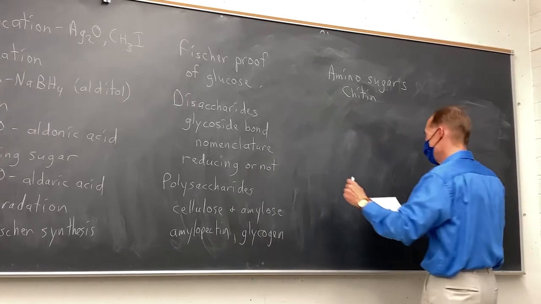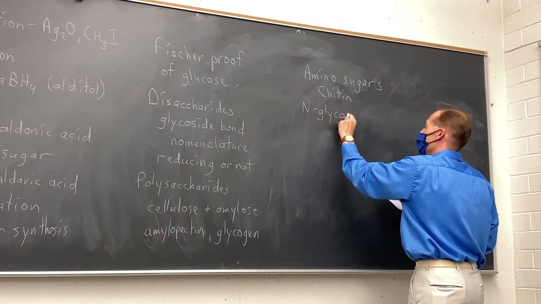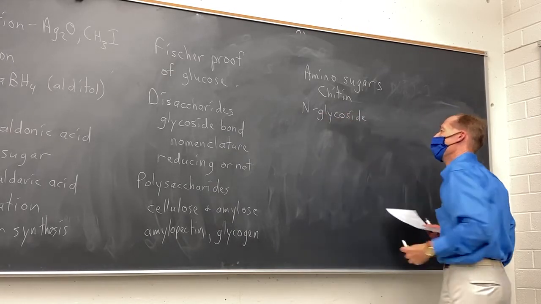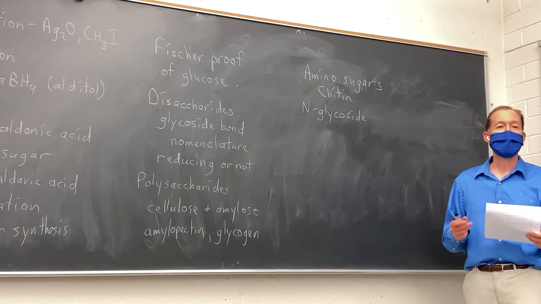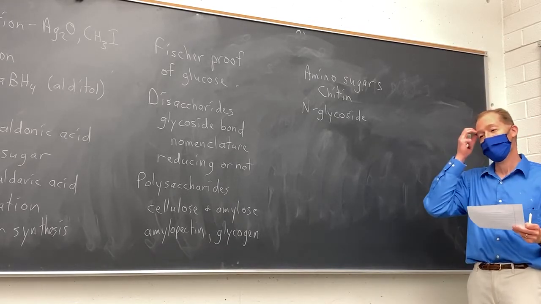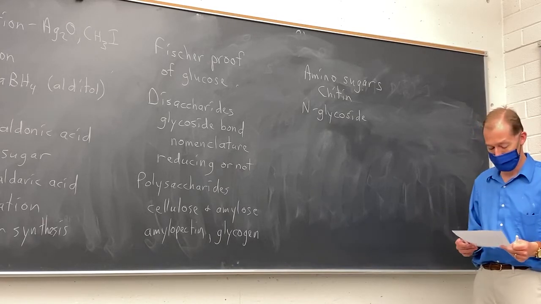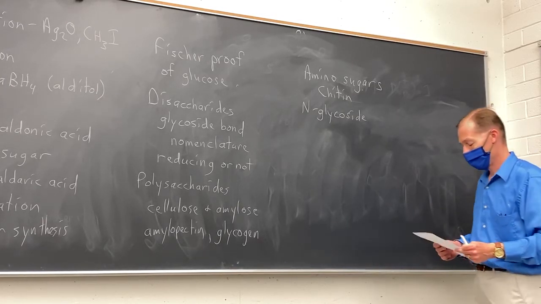Then we had N-glycosides. So being able to recognize an N-glycoside, as well as knowing how to synthesize an N-glycoside. We showed you how to do that. You just use an amine and a mild acid to make N-glycosides.